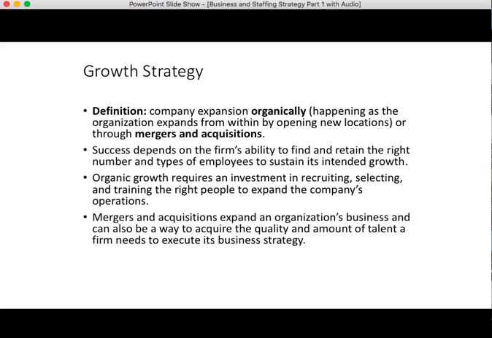The last and sort of generic strategy, if you will, has to do with whether you're growing, stabilizing, or shrinking. And the growth strategy is really an important strategy because we recognize that we can grow in a number of different ways. We can grow organically by doing innovation within the company, or we can grow through mergers and acquisitions.